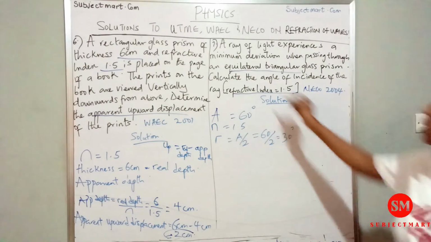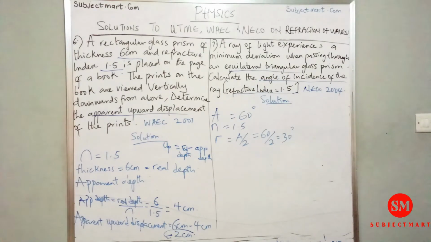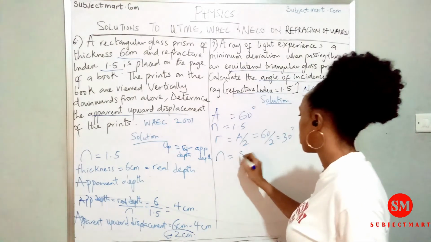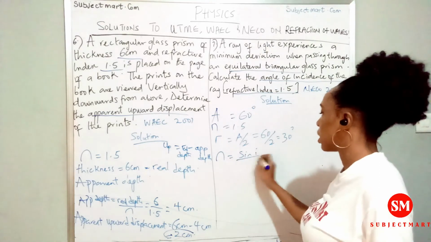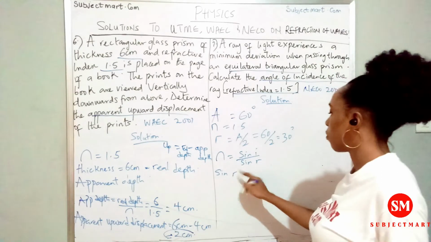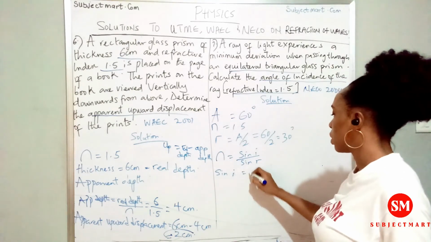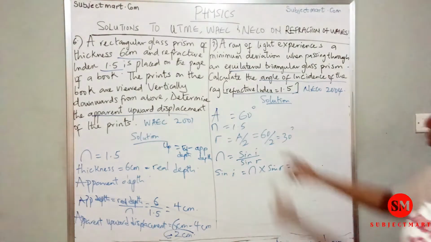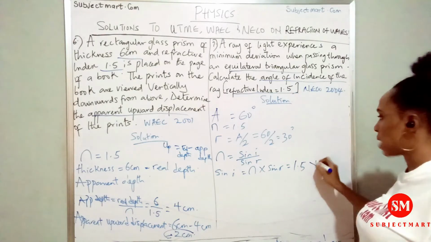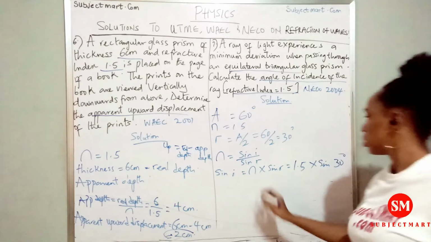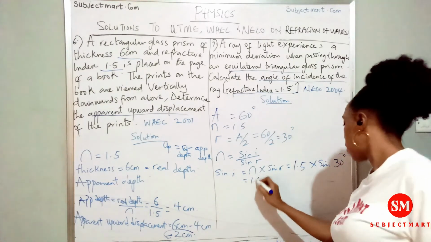The question said, calculate the angle of incidence. Given these parameters, we have to find the angle of incidence. Now we have this formula that says sin I over sin R. So this is the formula connecting them. Therefore, sin I is equal to refractive index times sin R. So we have 1.5 times sin R, that's 30 degrees, which equals 1.5 times 0.5.